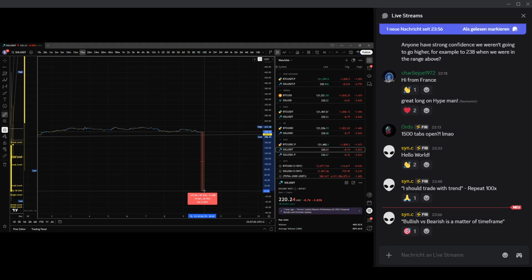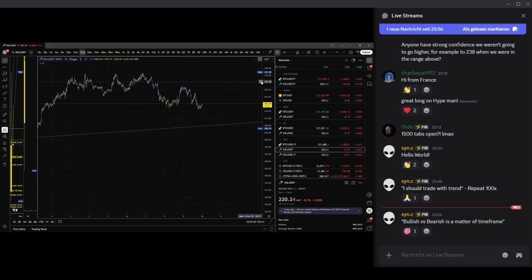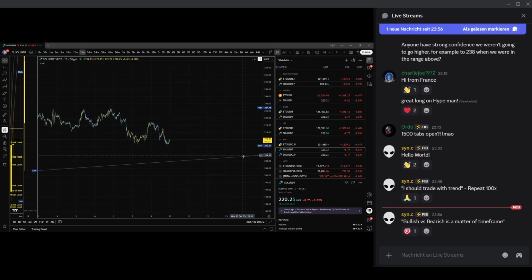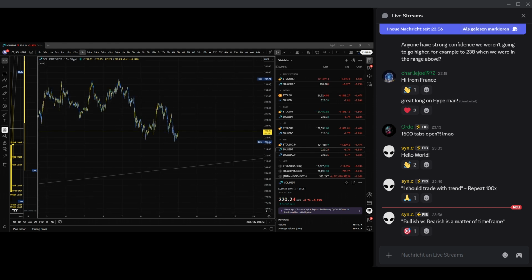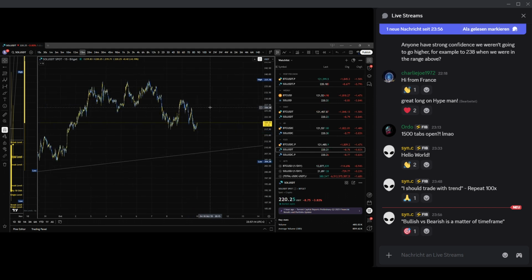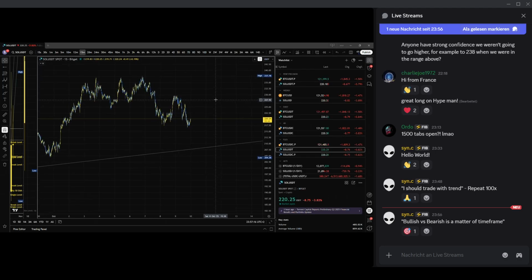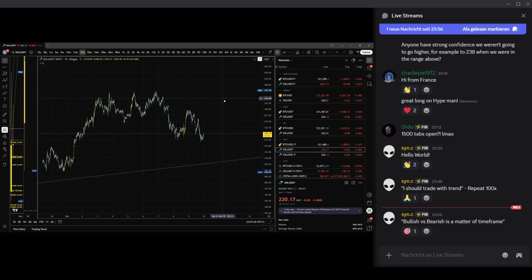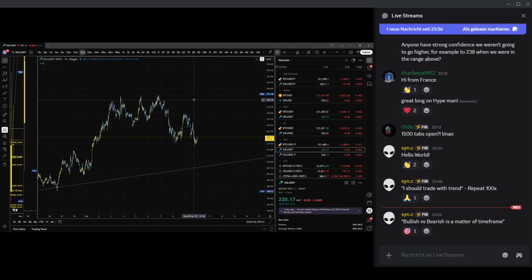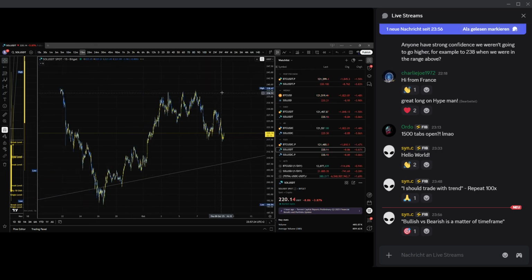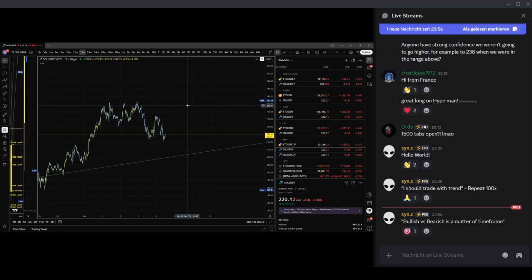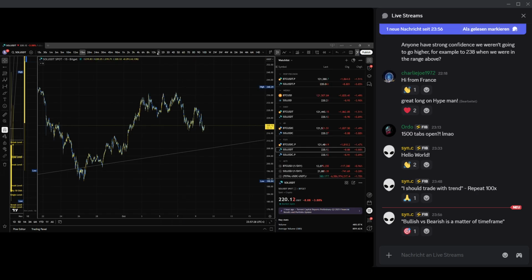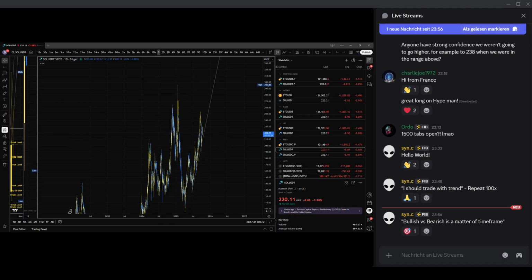So if you're longing and not over-leveraging, putting all your retirement money into a 10x, then most of the time money flow, inflation, treasury buying, call it whatever you want, will buy you out of your longs, and the chart has actually proven that.